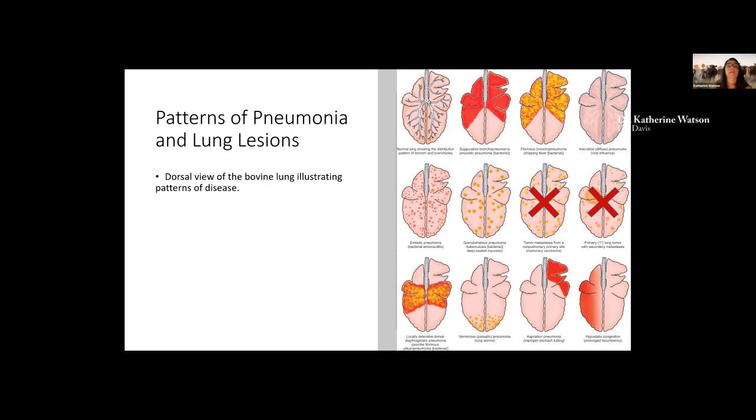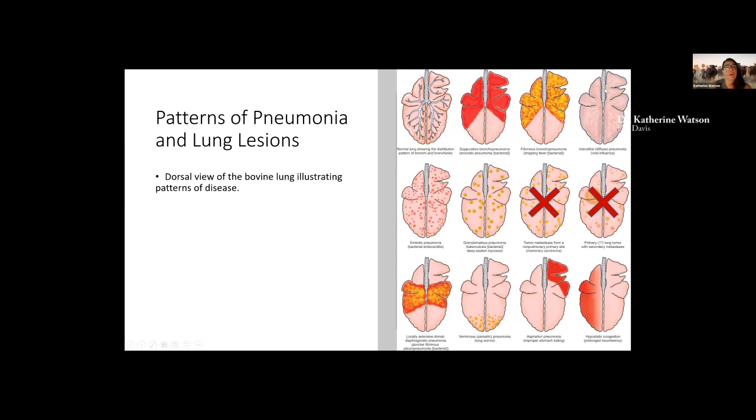All that means is that on the surface of the lung you have fibrin, which is just an indicator of inflammation and disease. Some agents tend to cause pleuritis or pleuropneumonia more commonly, like Mannheimia. Mannheimia really likes to make fibrin on the surface of the lung. It's what we call a really hot pathogen; it does a lot of destruction really fast.